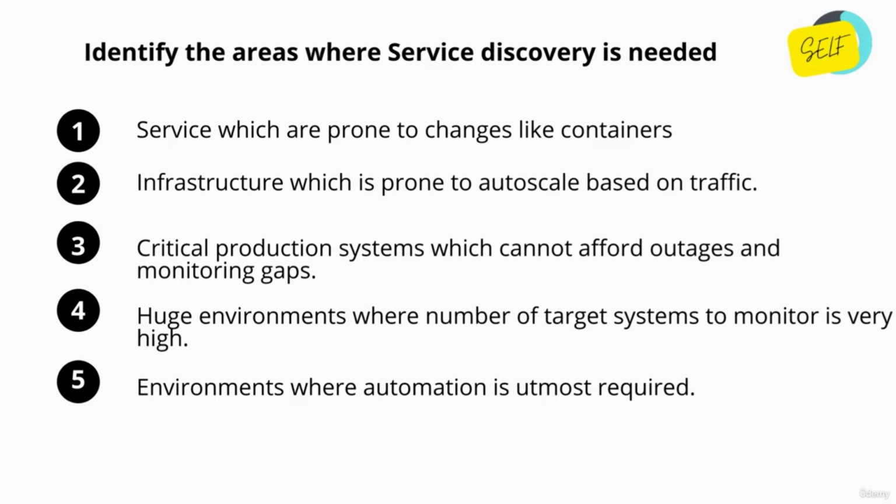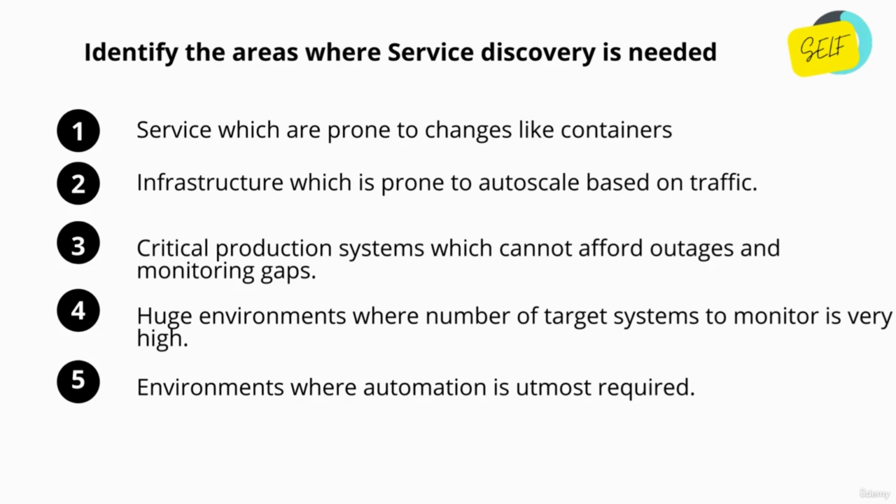Okay, now the next thing is environments where the number of target systems to monitor is very high. Suppose in your environment you have 10,000 servers. It's a really big environment. Suppose you have a data center and you want to monitor them. How would you monitor them? Would you create a static config for each and every server, where you get the public or private IP of the server and the port number?